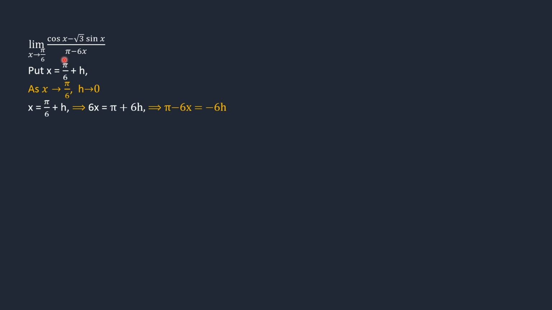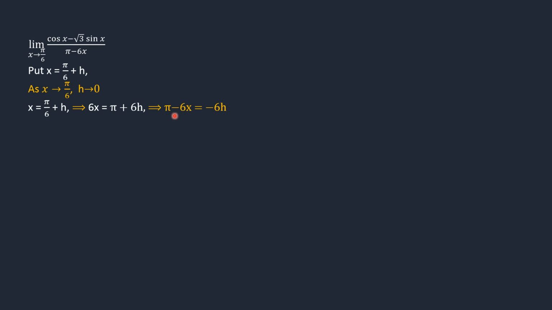Now we have to find the value of pi minus 6x. So what we will do, we will bring this 6x to the right hand side. So it will become pi minus 6x. And this 6h we will send to the left hand side. So it will become minus 6h.